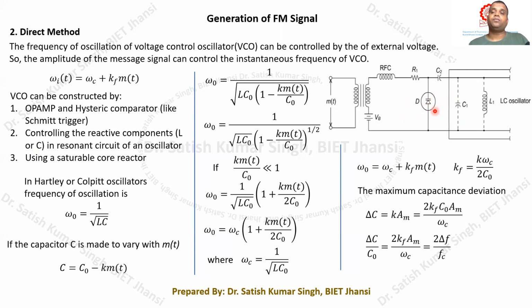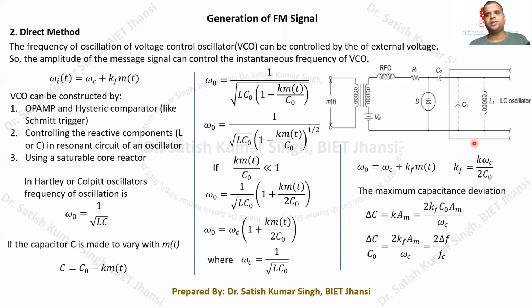Because we know that the frequency of oscillations in any tank circuit is given by this particular equation, omega naught equals 1 upon root over LC, where L is the inductance value and C is the capacitance value, and L may be an equivalent inductance or C may be an equivalent capacitance.